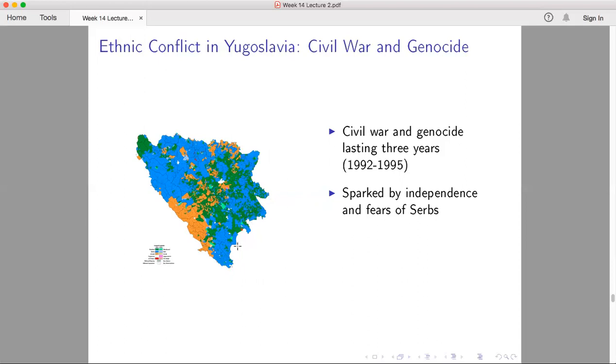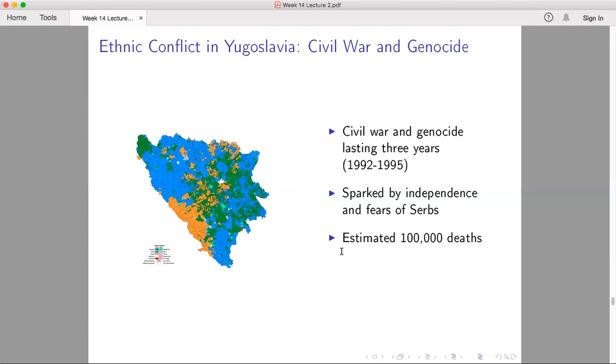And when Bosnia actually did have its own referendum for independence, those fears were stoked even more. And so what we got, again, is the rise of ethno-nationalism, Serbian armies coming into Bosnia to protect Serbs. And then in response, we got Croatian and Muslim militias rising up to protect their populations, etc.